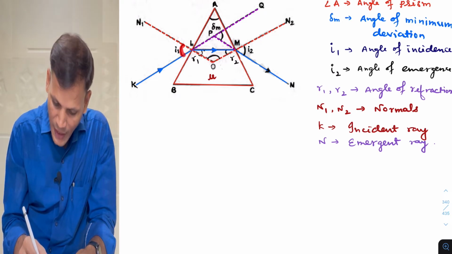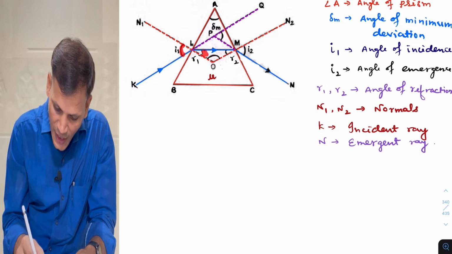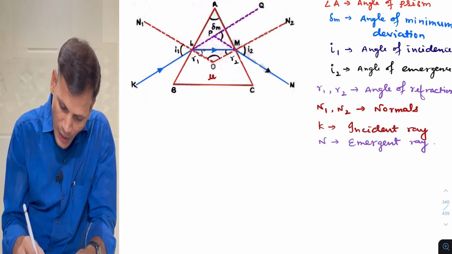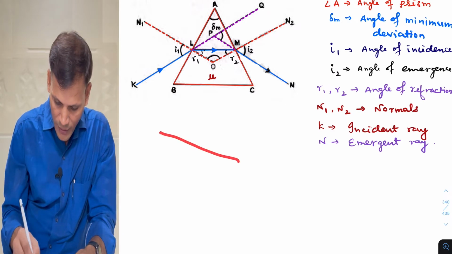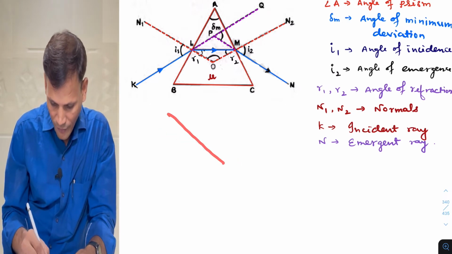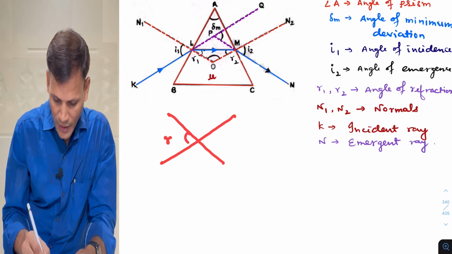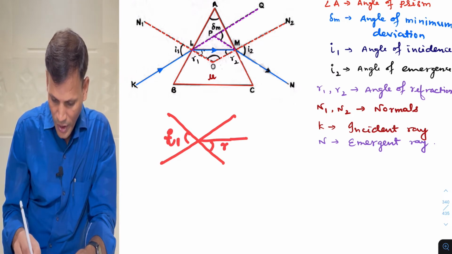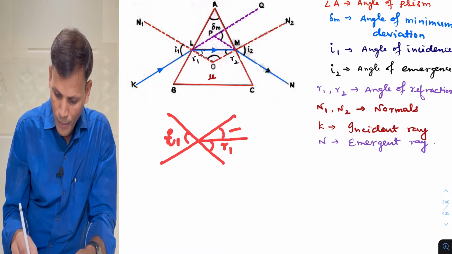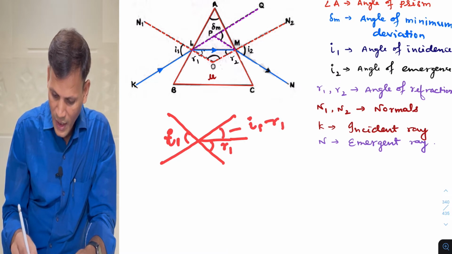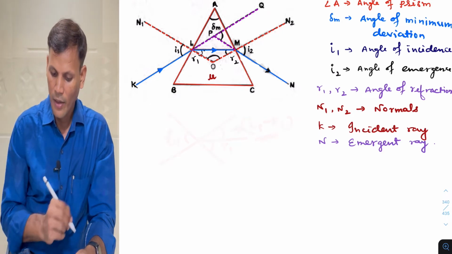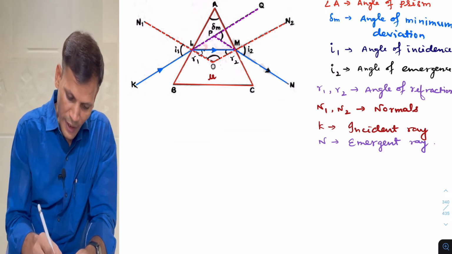As this angle is I1 and this angle is R1, so what will be this angle? This is I1 and this is R1, so definitely this angle will be I1 minus R1.